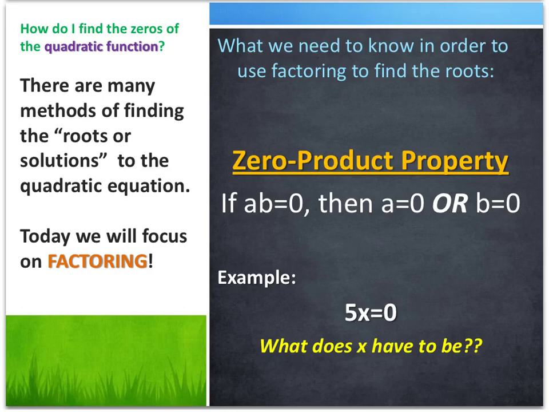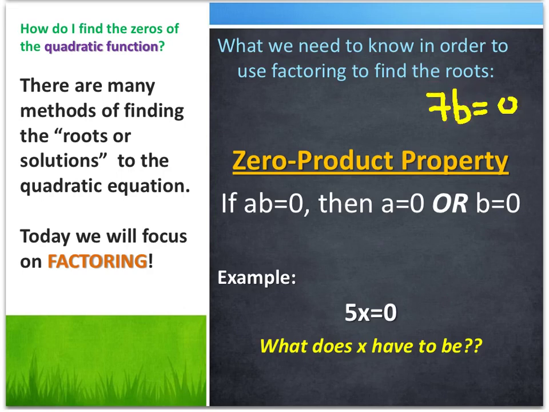Now what we're going to be using is what's called the zero product property. Now you use this all the time, you just maybe don't realize it. So if I said 7b equals 0, what would b have to be? Well, something times b equals 0. Something times something is giving me 0, which means 7 is either 0, which we know it's not, right? Or b is 0, okay?